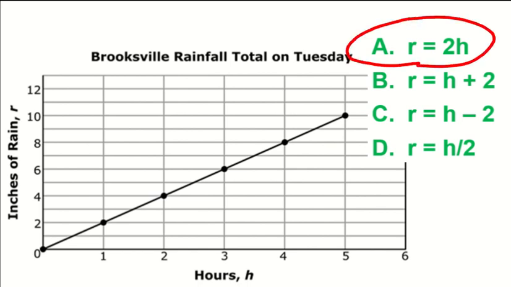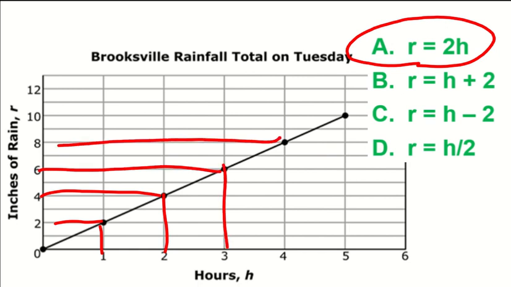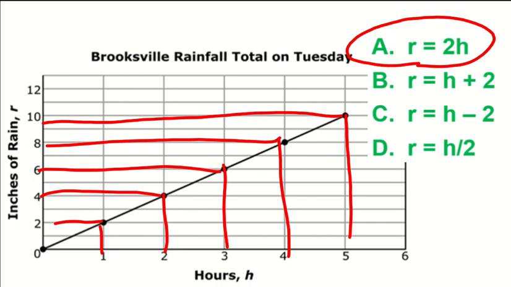But what you're doing, all 5 of those points are on corners. So if you do y divided by x, 2 divided by 1, 4 divided by 2, 6 divided by 3, 8 divided by 4, 10 divided by 5.